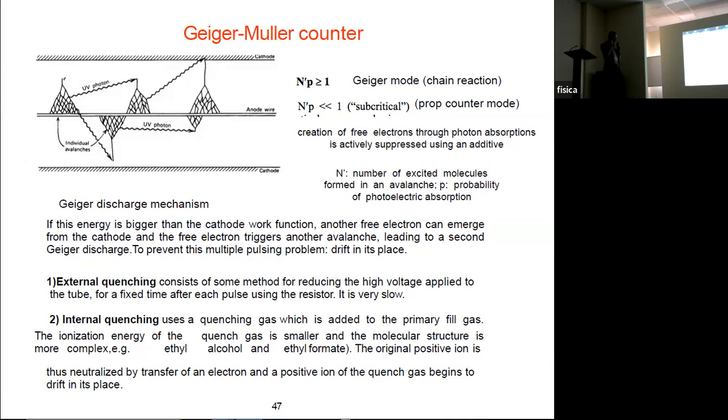I just want to add that Geiger counters with quenching gases have limited operating time, because these gases may dissociate and lead to breakage of the detector.